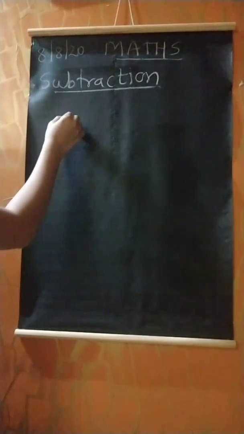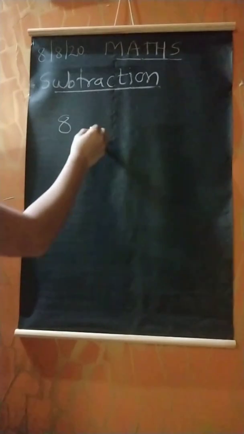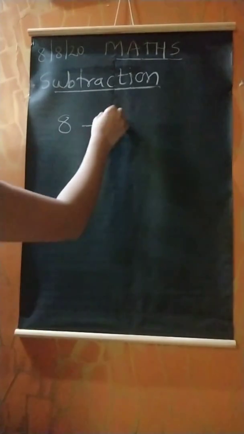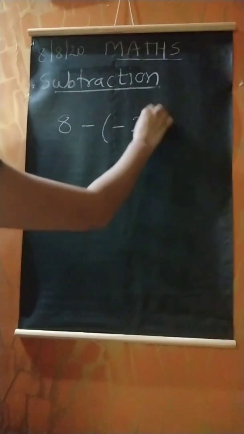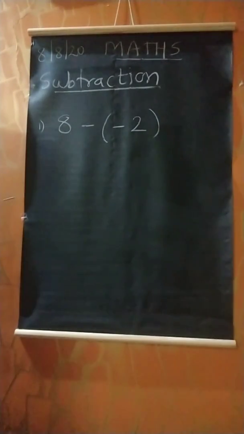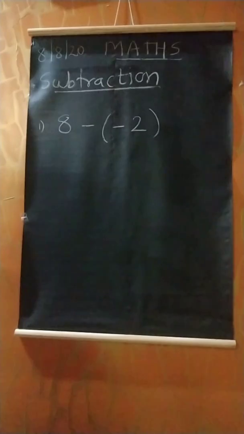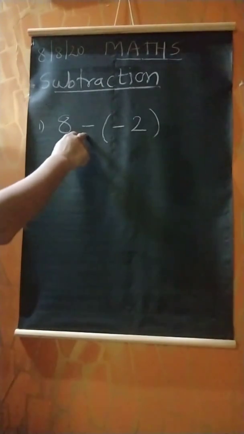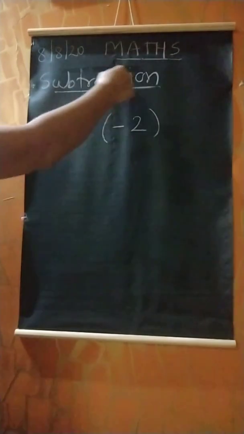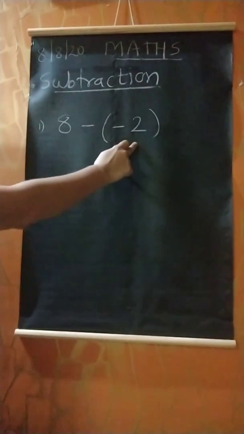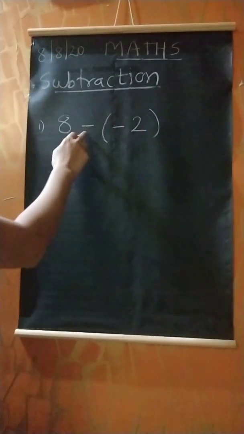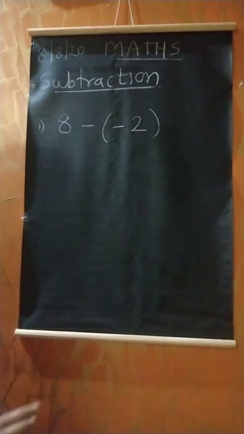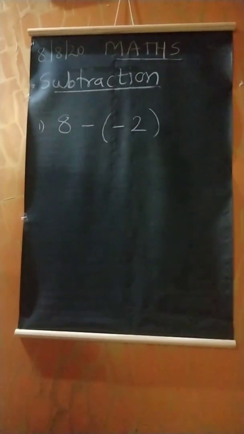What is that? See, if a sum is like this, 8 minus (+2), then always remember this and always do it properly: whenever a minus sign is there, whatever sign is in the bracket is changed. In the case of addition, we are not changing any sign; we take whatever sign is given as it is.